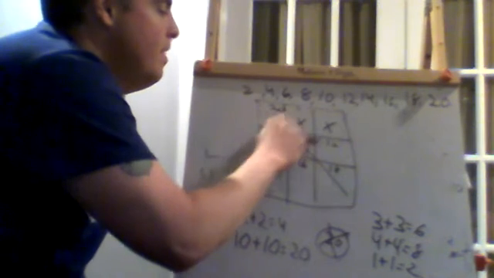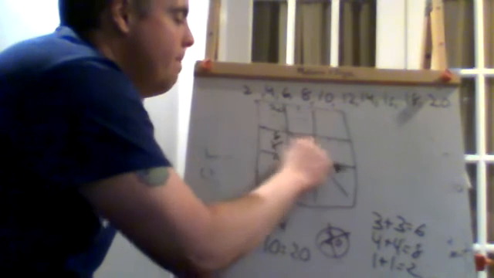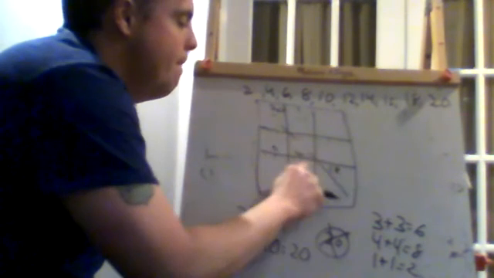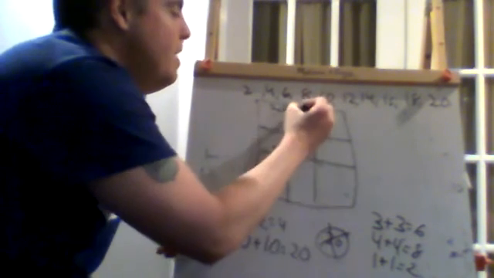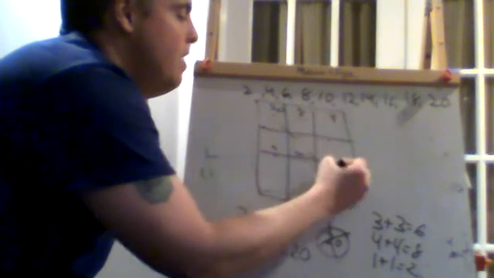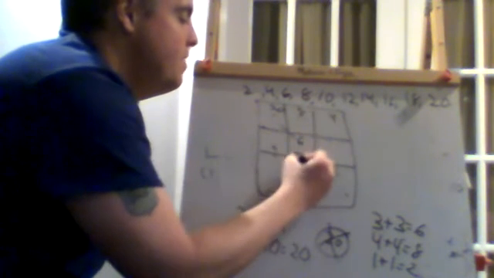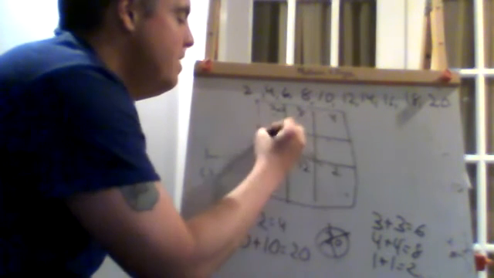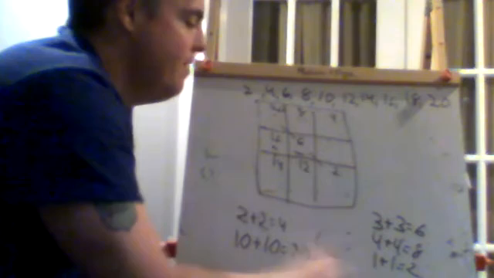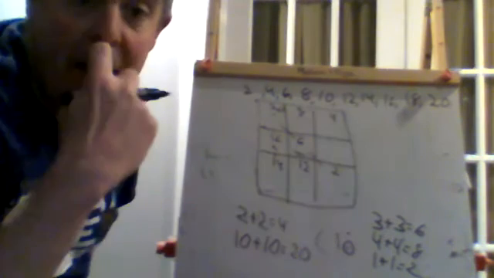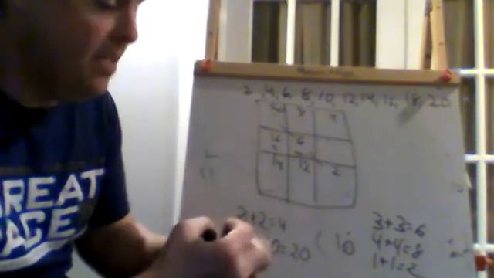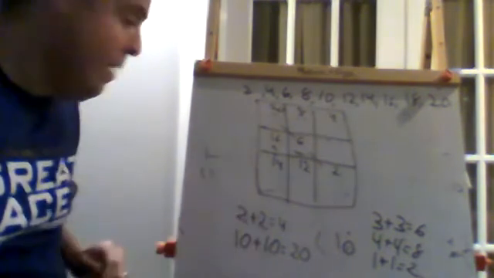Let me get rid of the tic-tac-toe spots. But this is an activity you can play at home. It's fun. 20, here's 8, here's 4, there's 2, there's 6, there's 12, there's 14, there's 16. So the odd number out is 10 this time. So if you pick a 10, you're kind of out of the game. So that's a good thing to do with doubles. That's one way to think about it.